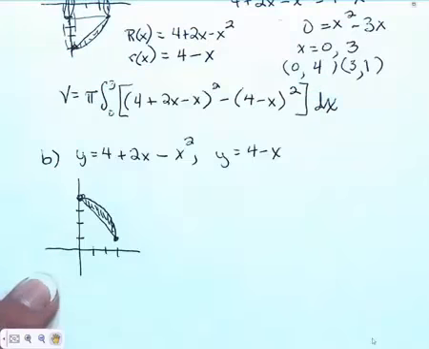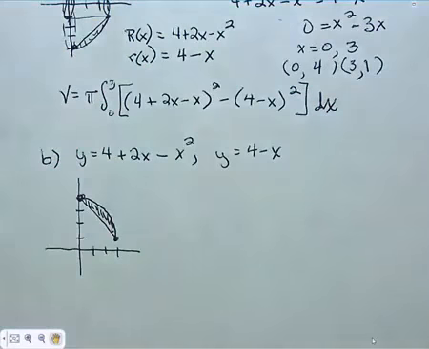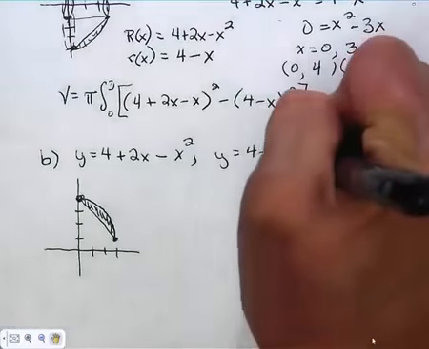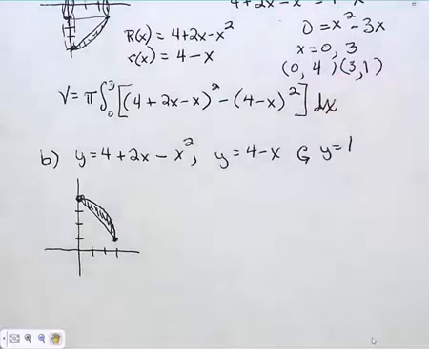So that's still the thing we're rotating. But in the B part, we're rotating it around the line y equals 1.